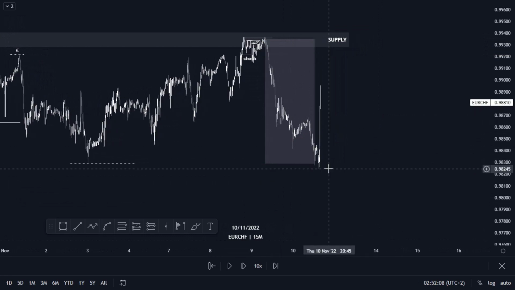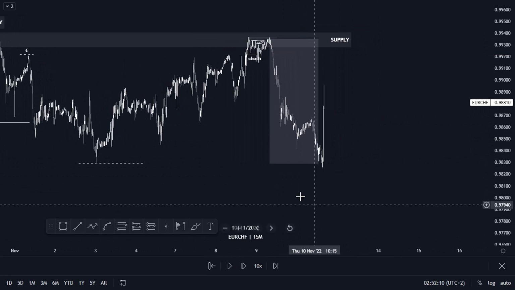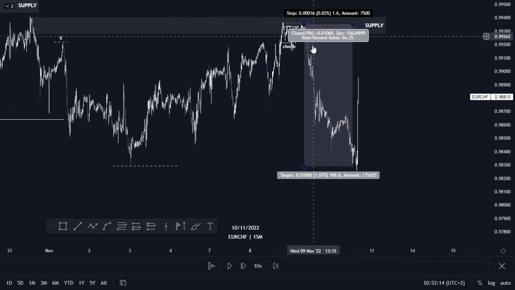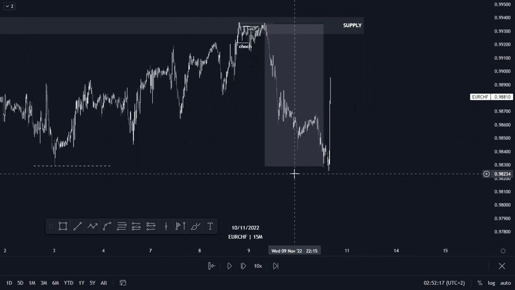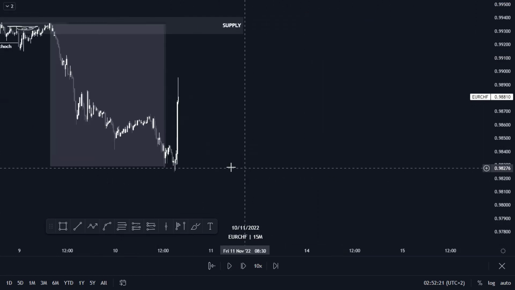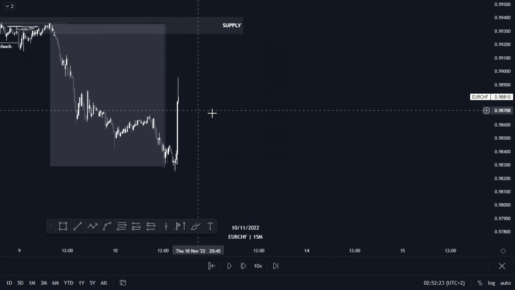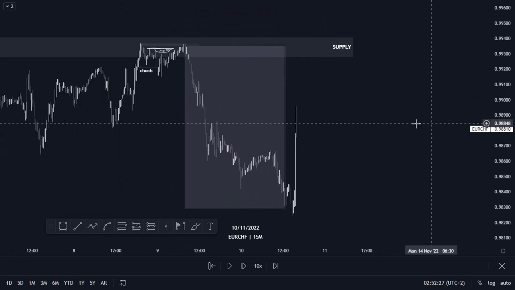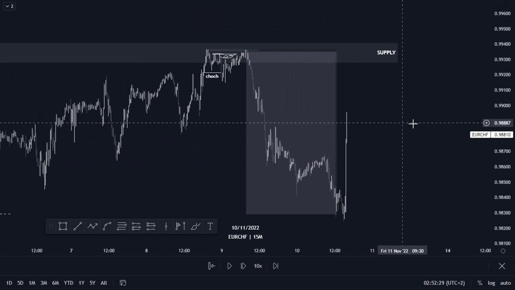It's very crucial that you put your stop loss and your take profit, because once your take profit was hit here, look what price did, it pushed to the upside. So it's very crucial that you put your take profit and your stop loss.